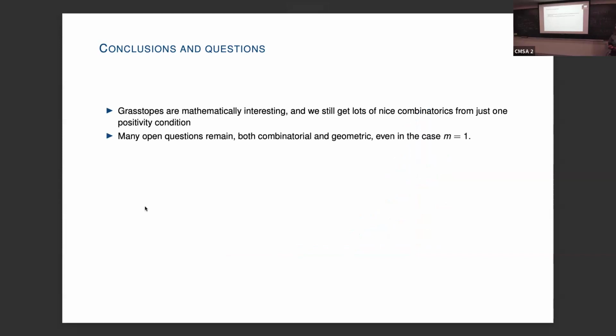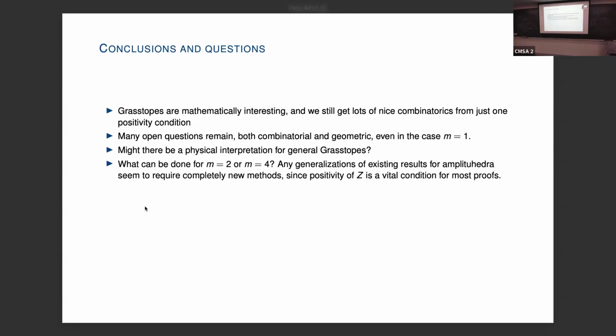There are open questions even for m equals 1, but of course it would also be interesting to look at higher m. And a question for maybe the physicists in the room is, could there be a physical interpretation for general Grasstopes?